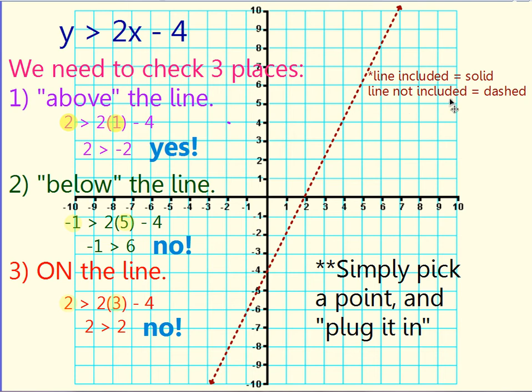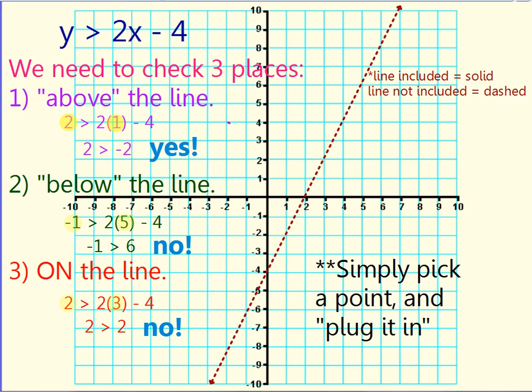If the points on the line are not included in our solution, like a point on the line was a no for us here, we draw the line as a dashed line to indicate that that's equivalent to an open dot. Nothing on the line itself is part of our solution. So if you have greater than or equal to or less than or equal to, we would draw a solid line. But if you have just greater than or just less than, we're going to draw our line as dashed.